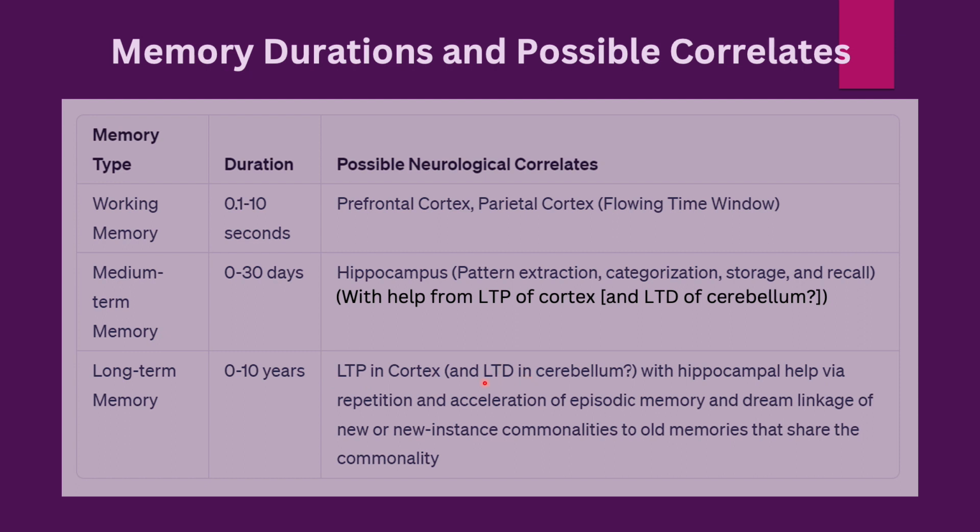And possibly there's also this long-term depression in cerebellum. The idea there is that the nuclei of the deep cerebellar nuclei are sending output to the cortex, and those neurons want to fire a little bit, but the Purkinje cells of the cerebellum are all the time inhibiting them.